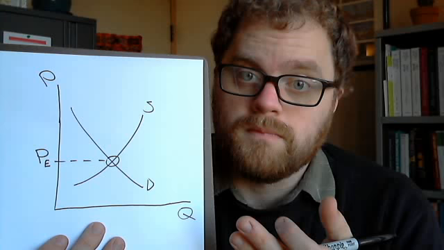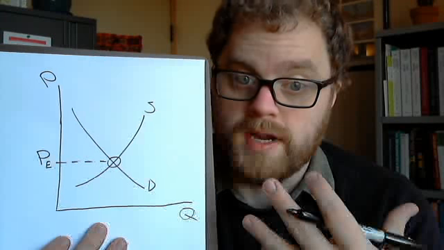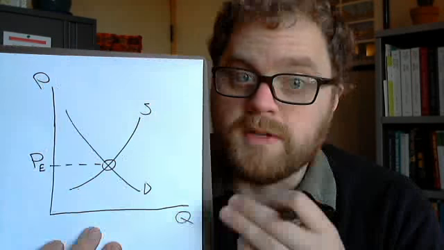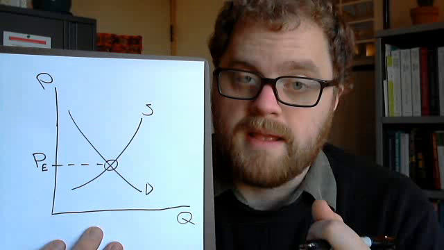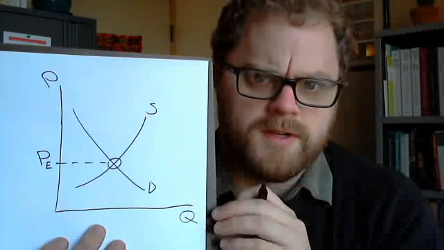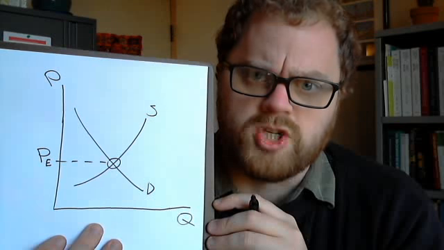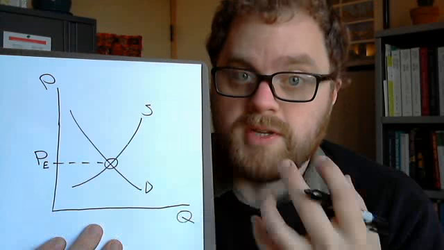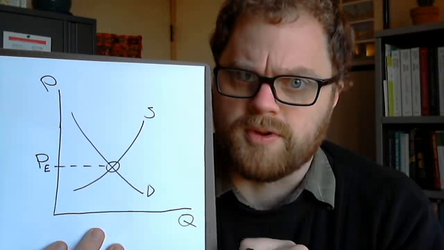Likewise, supply, the amount that businesses and corporations are willing to produce at different prices, can shift as well, but for different reasons. So supply may shift if there's a change in the price of inputs, those factors of production like labor, capital, natural materials, the elements that firms use to produce products.